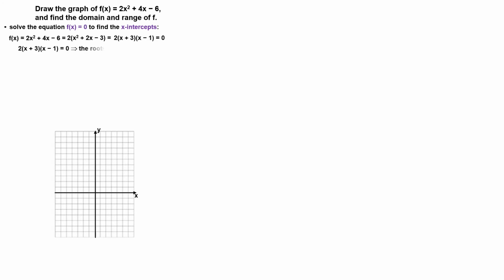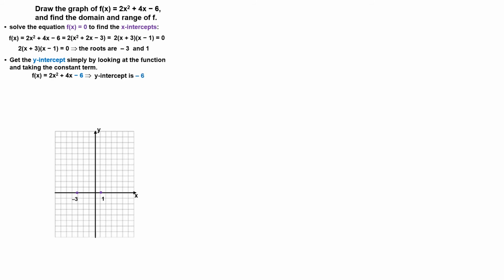The roots are minus 3 and 1. Locate these points on the graph. Get the y-intercept simply by looking at the function and take the constant term. The constant term is minus 6. Plot this point on the graph.